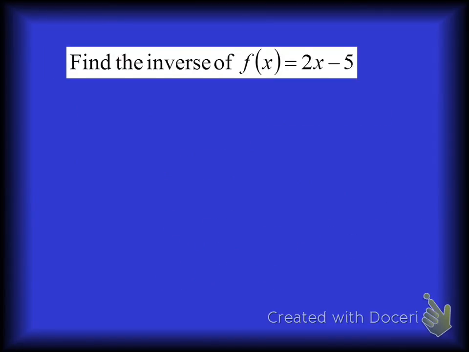Number 1. Find the inverse of f of x equals 2x minus 5. Okay, step 1. You don't have to write that number, but I'm going to.